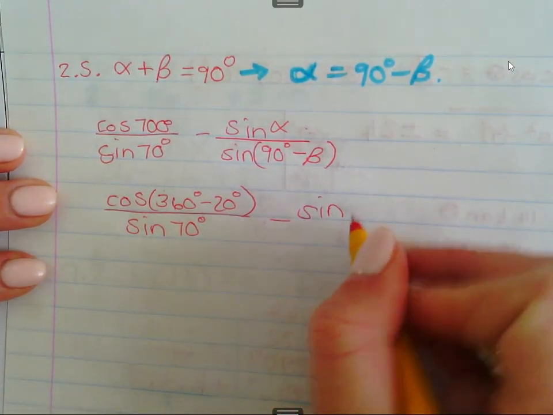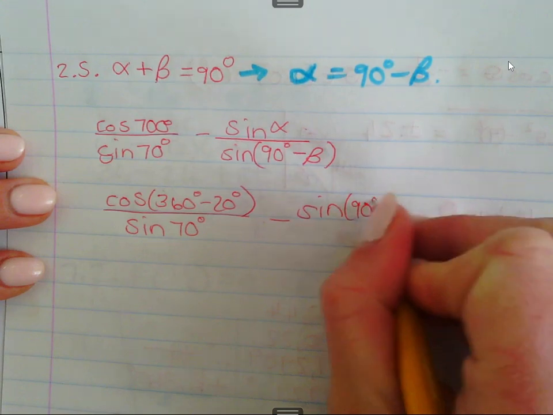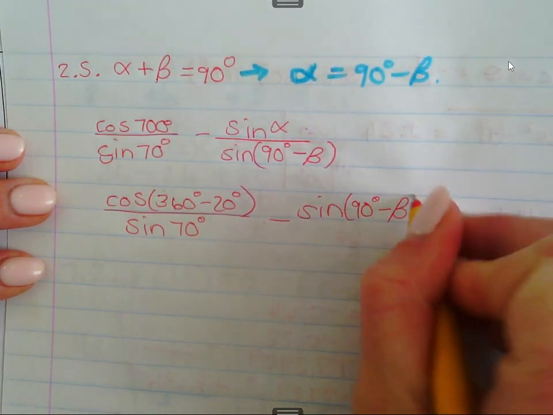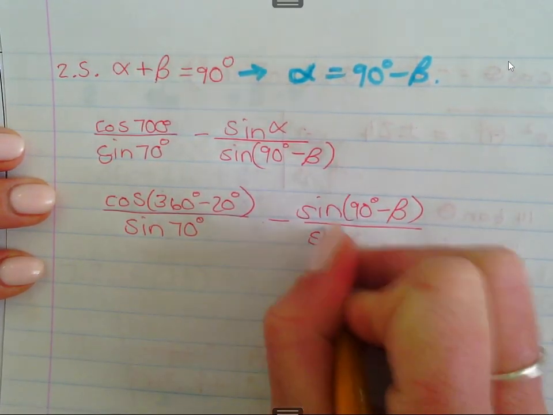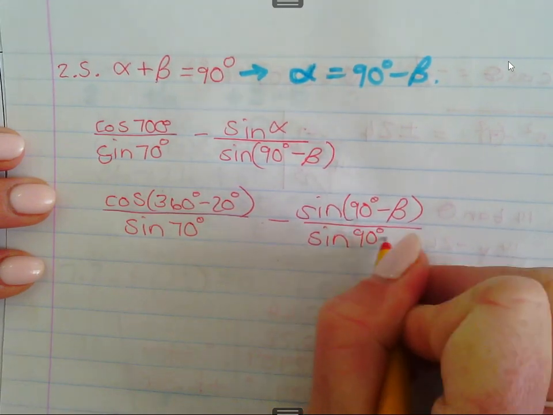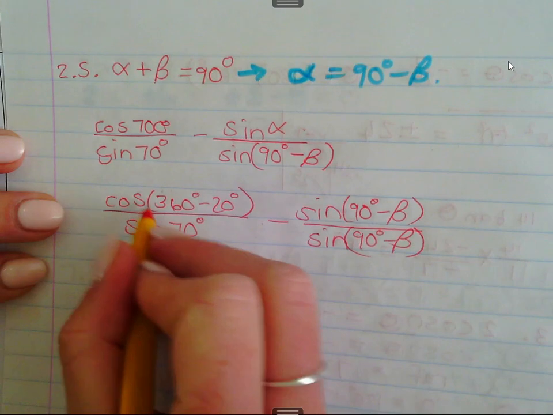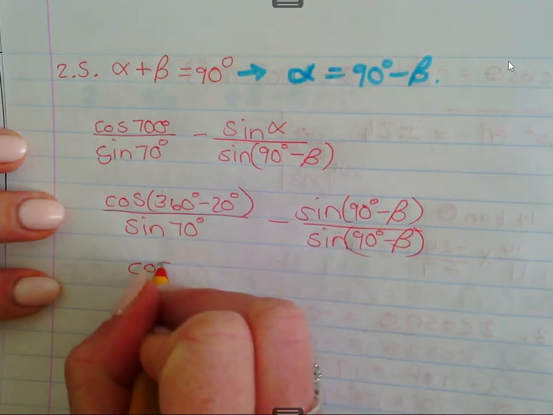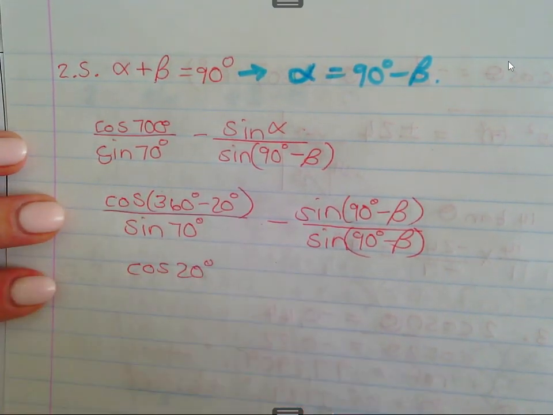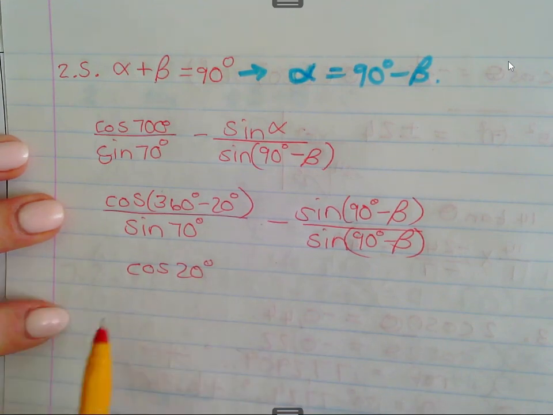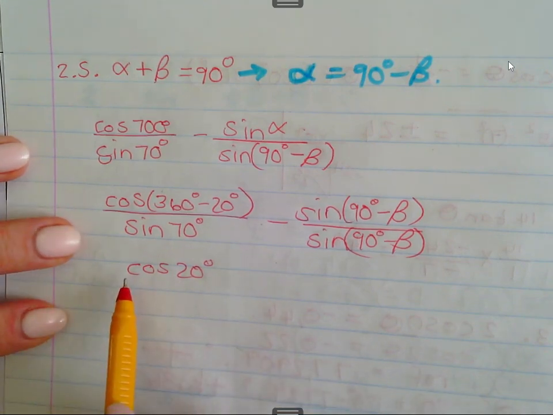Now I'll substitute alpha with 90 degrees minus beta over sin 90 degrees minus beta. This one can now just be the cos of 20 degrees, and then I can change the sin of 70 degrees.